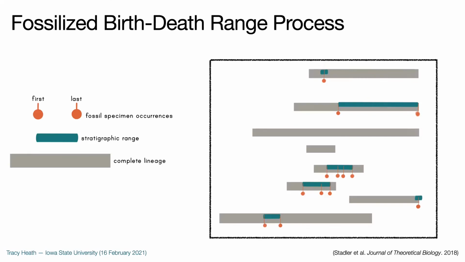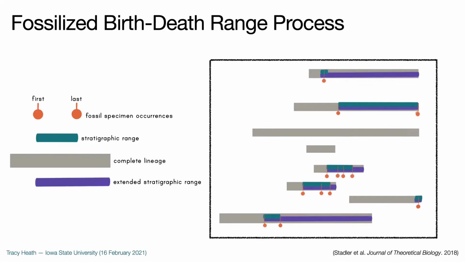Just like when we have our full phylogenetic process, we have a complete tree where we don't observe those lineages that don't have sampled descendants. The same is true here, where we have lineages, or parts of lineages, that are unsampled. And just like with our regular fossilized birth-death process, we're accounting for this complete process, very much of which is not observed.